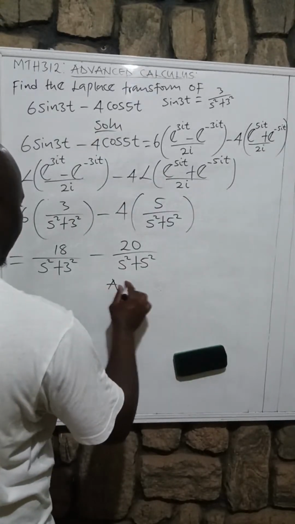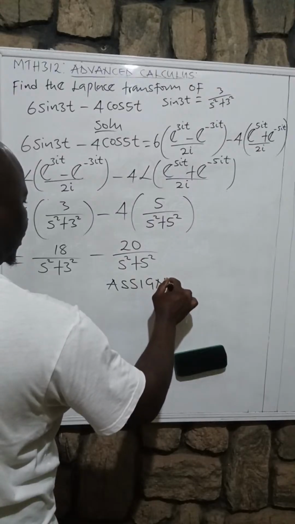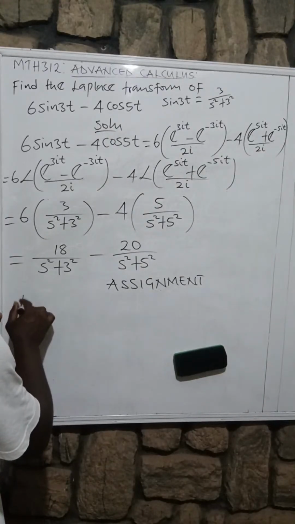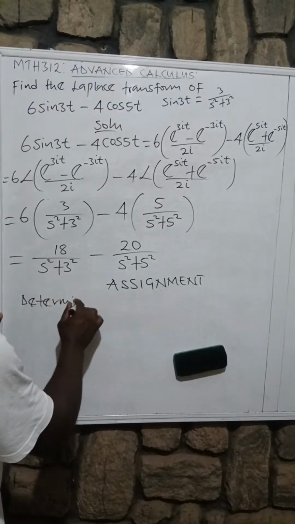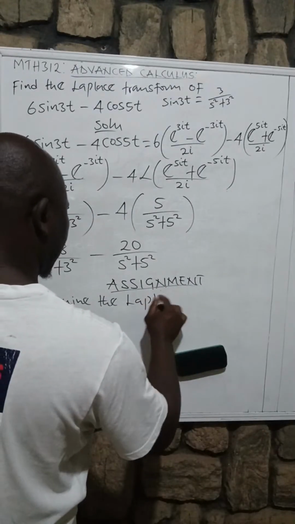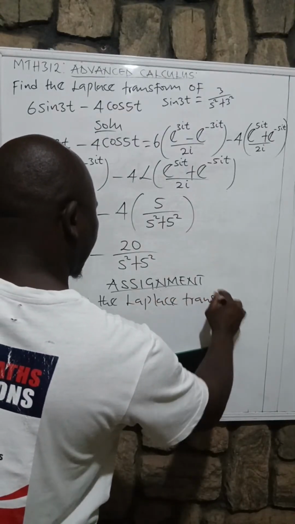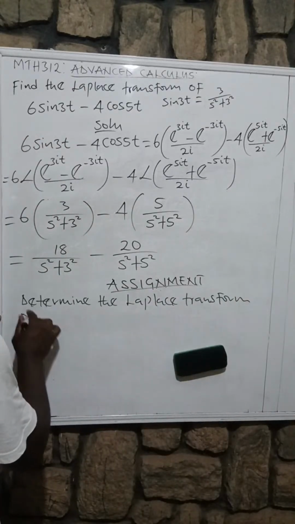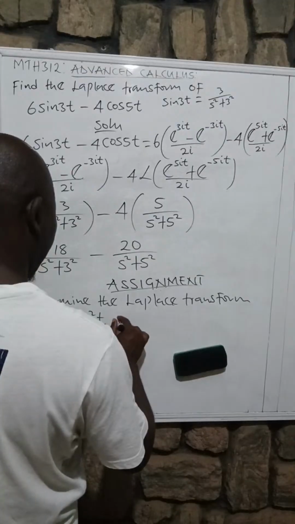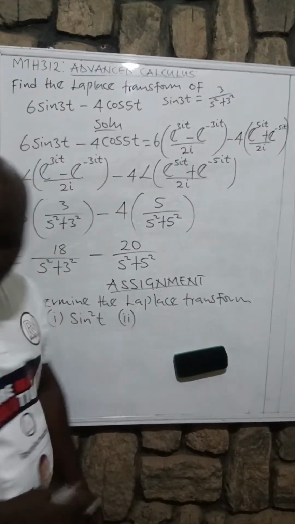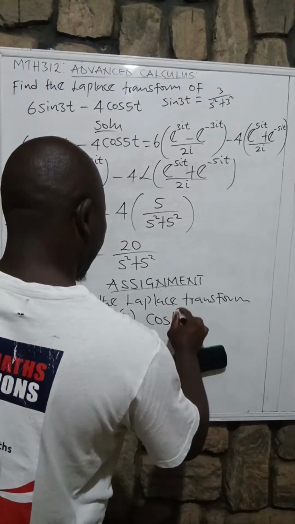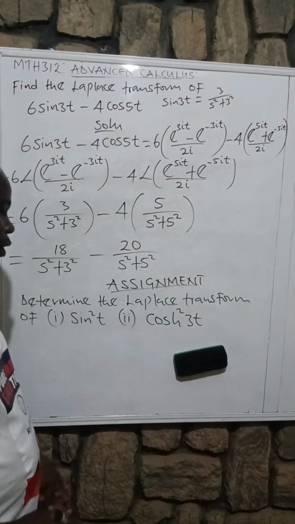This assignment: determine the Laplace transform of sine squared t, and cos squared 3t. This is the assignment. Okay?